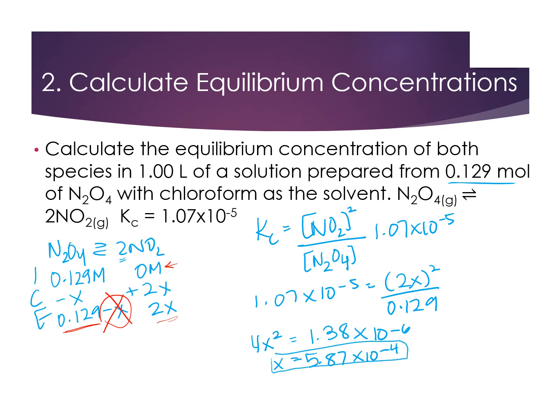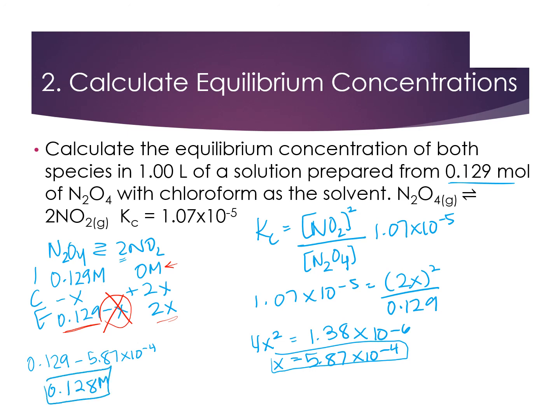So then the question asked me for my equilibrium concentrations. So when I do 0.129 minus 5.87 times 10 to the negative 4, I get 0.128.